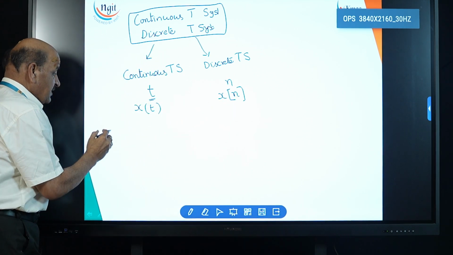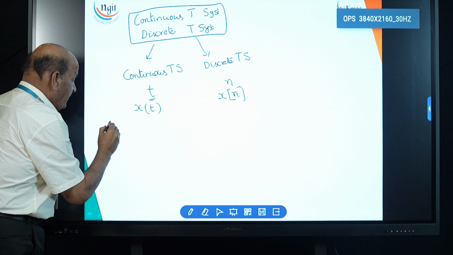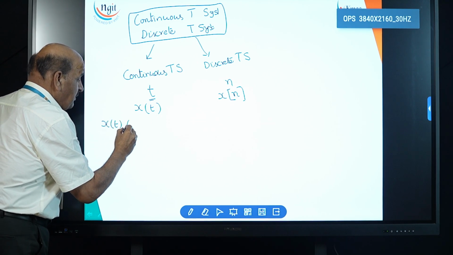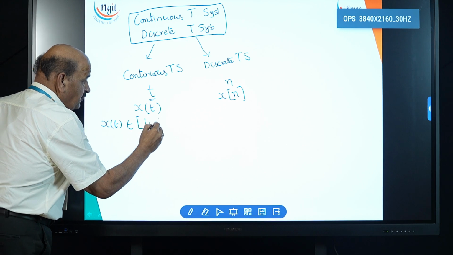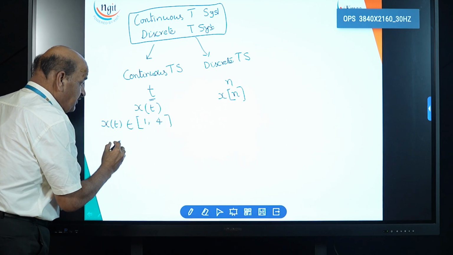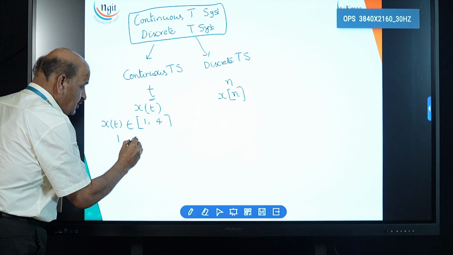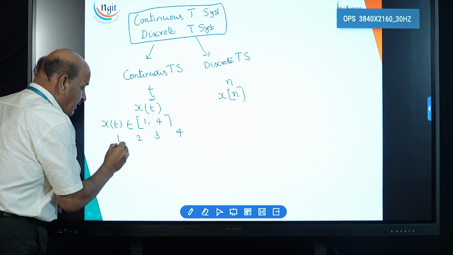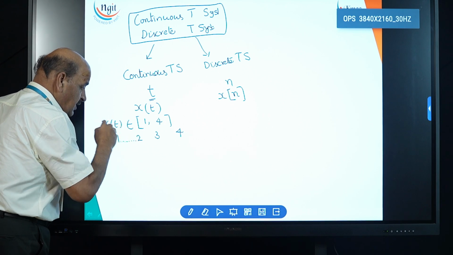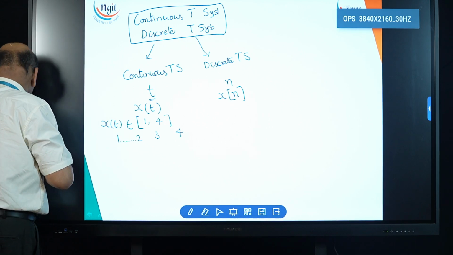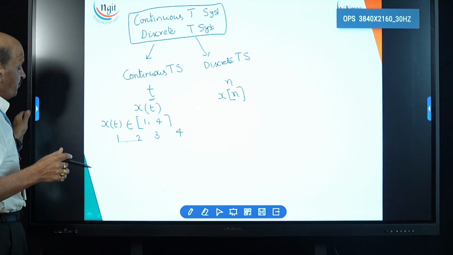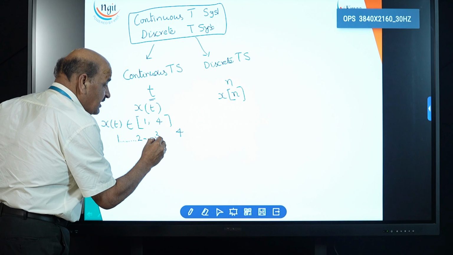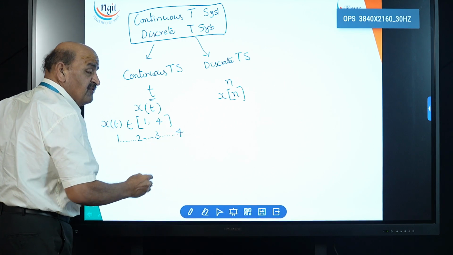For example, the width of the signal belongs to 1 to 4. It considers not only 1, 2, 3, 4, but also all the points between 1 and 2, all the points between 2 and 3, and similarly all the points between 3 and 4.